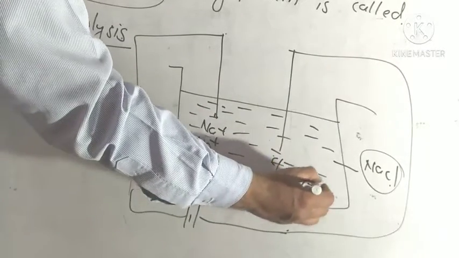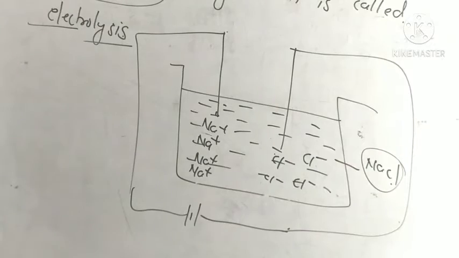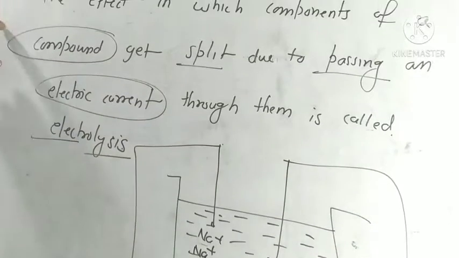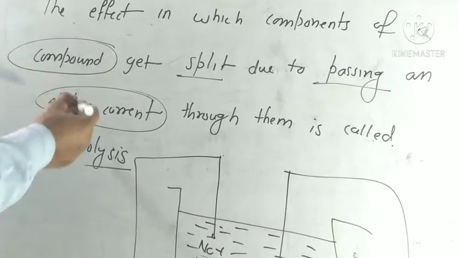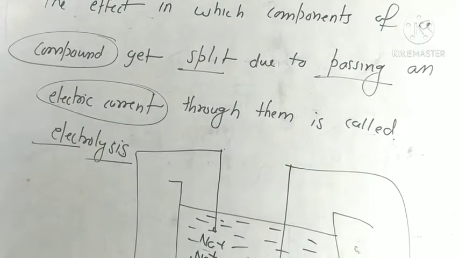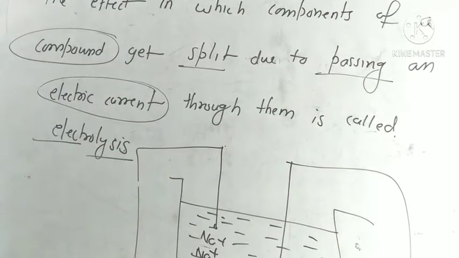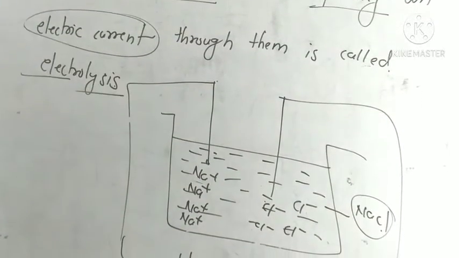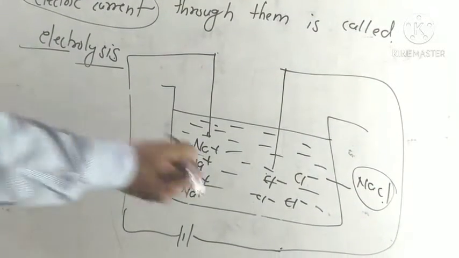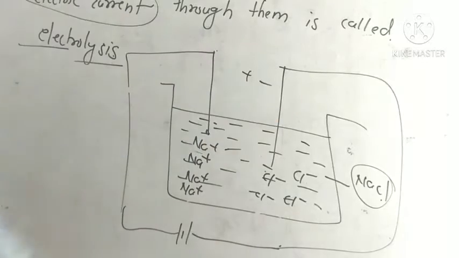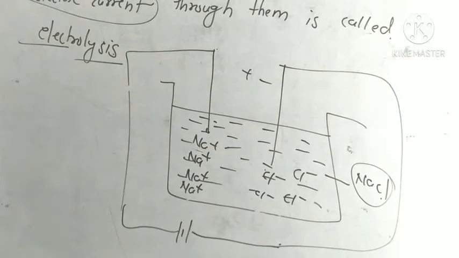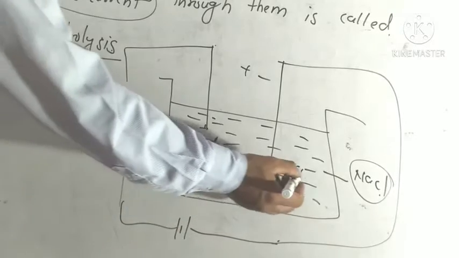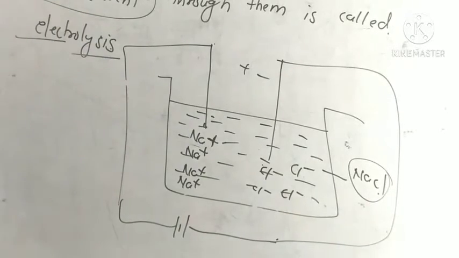So the NaCl solution breaks down into two ions, positive and negative. Na carries a positive charge and chlorine carries a negative charge.